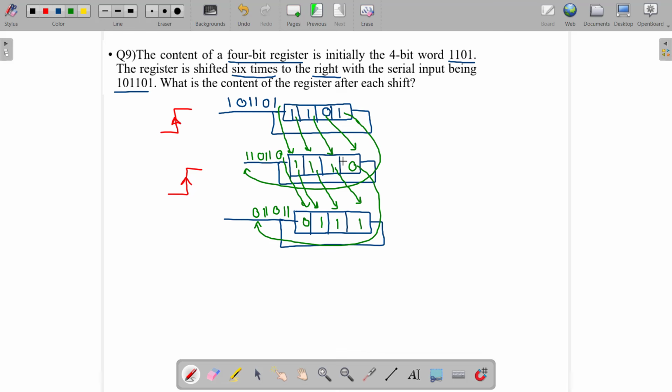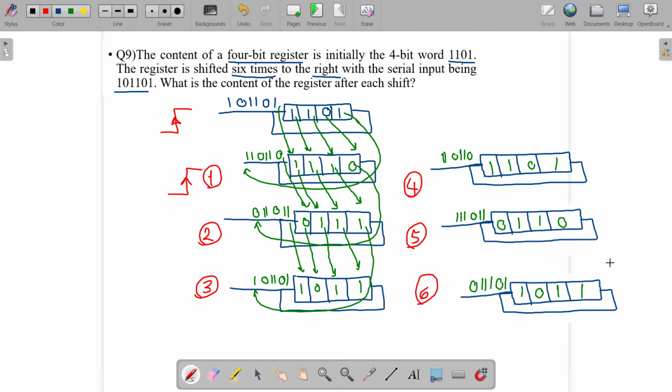Now for the second step, we will have this information inside of the shift register. We will continue 6 times to see the result at each step. Now you can see that after shifting the bits to the right 6 times, we will have this information at the end inside of the shift register.